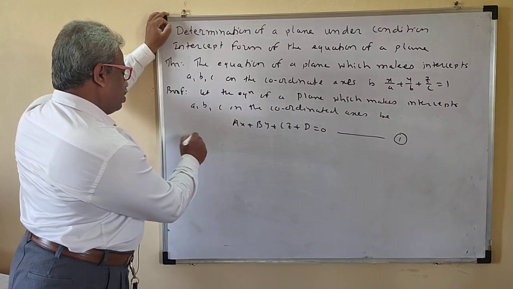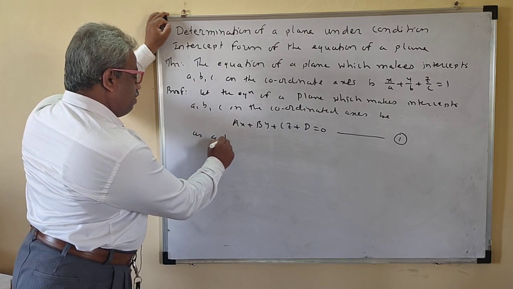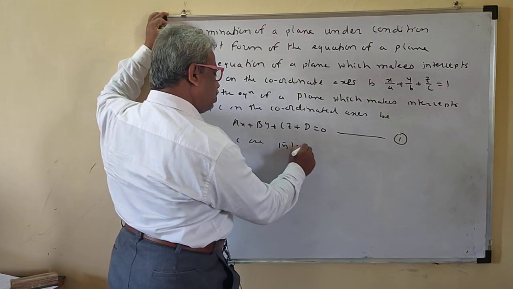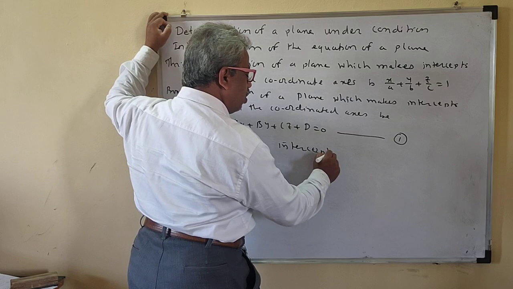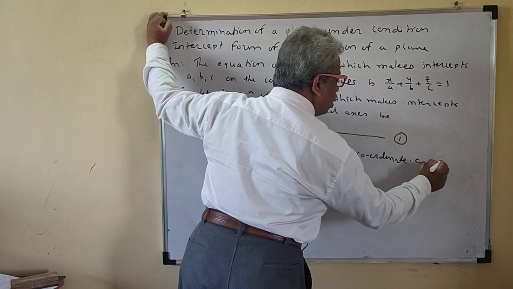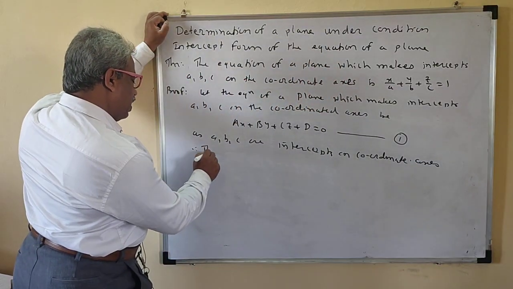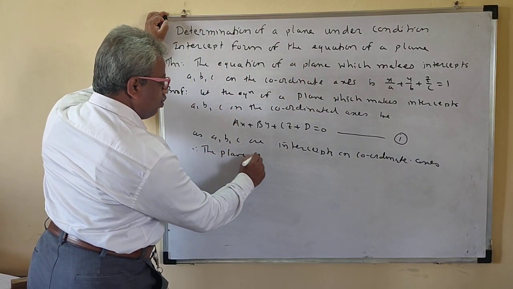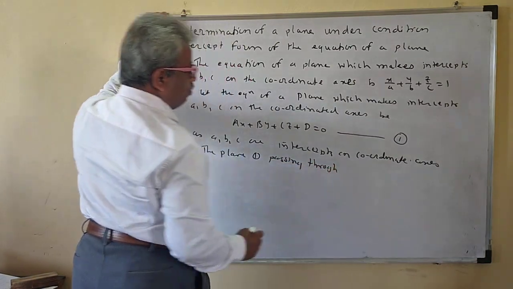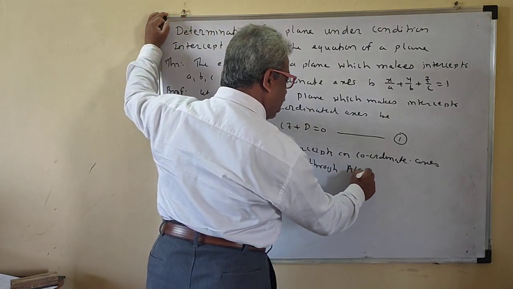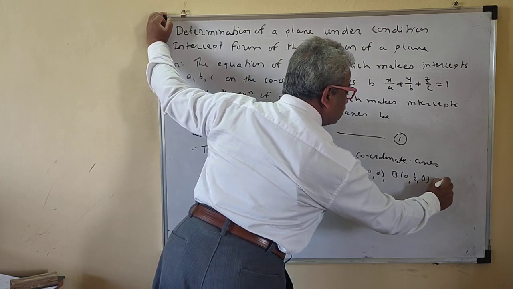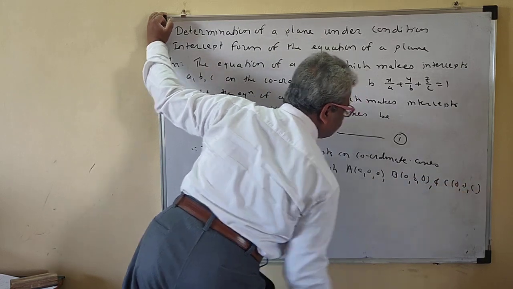So as a, b, c are intercepts on the coordinate axes, therefore the plane 1 is passing through the points (a, 0, 0), (0, b, 0) and (0, 0, c).